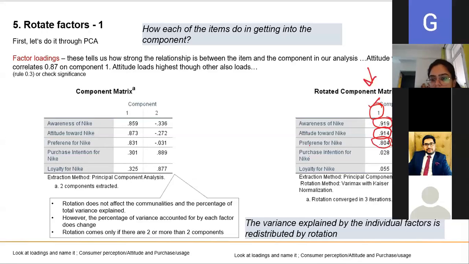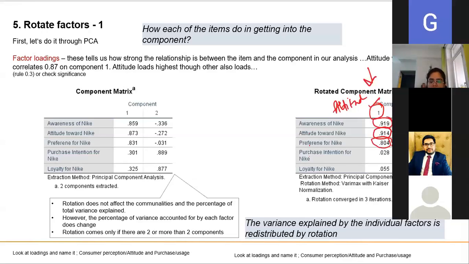Loyalty is second. So then you rename these factors. You say that okay, awareness, attitude, preference, or you can rename it as attitude. And this factor you can rename as, say, purchase. You can rename these factors based on whatever variables are coming under that.